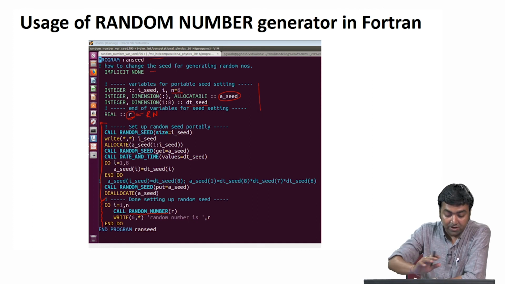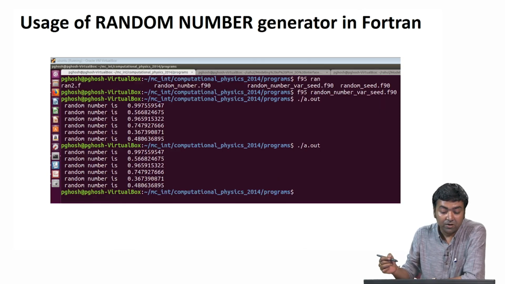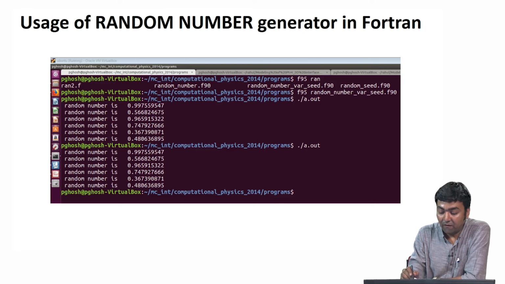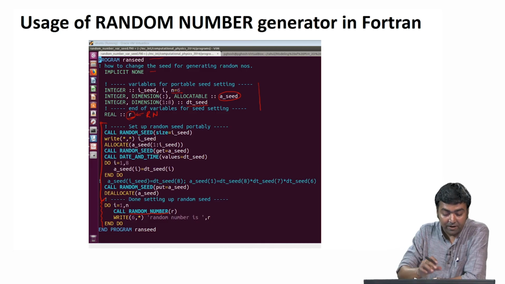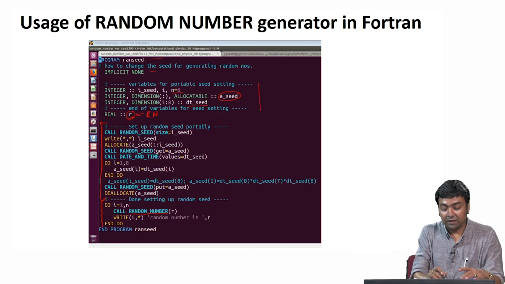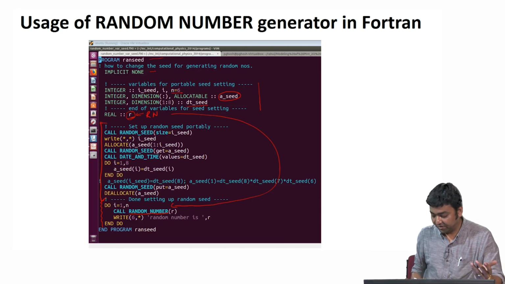Then I end the program. If I do not use the first part of the program and I run it, you see I am compiling the program, but I have commented out the section set up random seed portability. So the program comes directly to the last part, and it is executed.